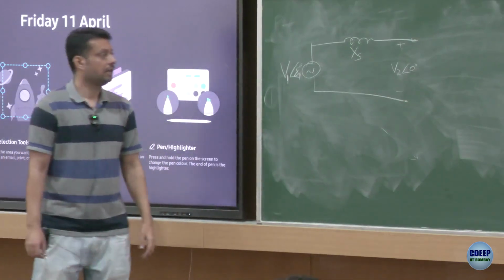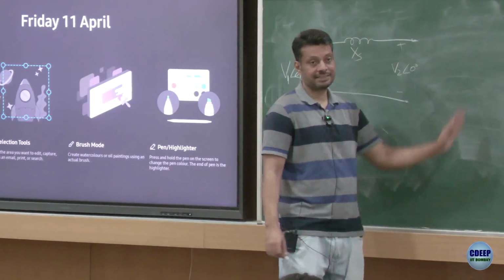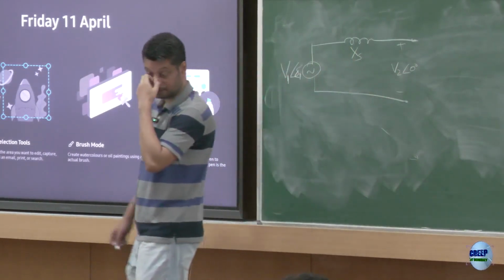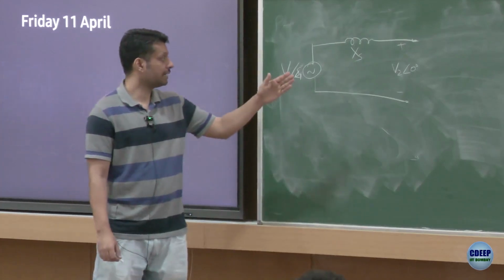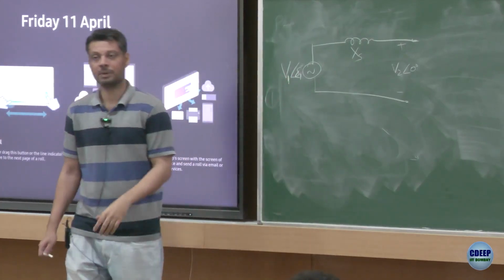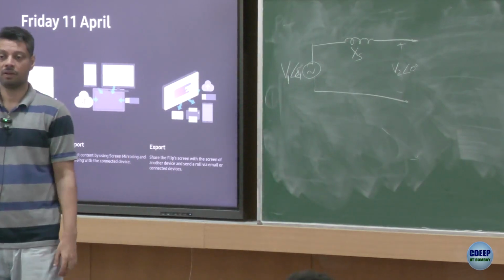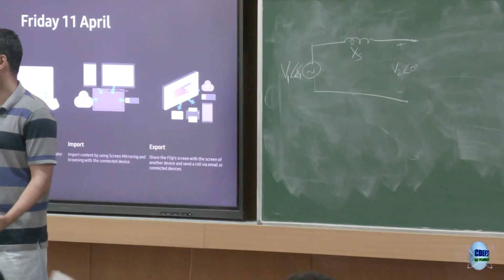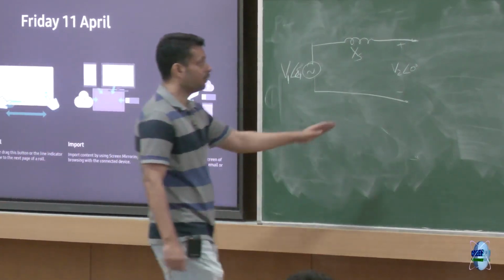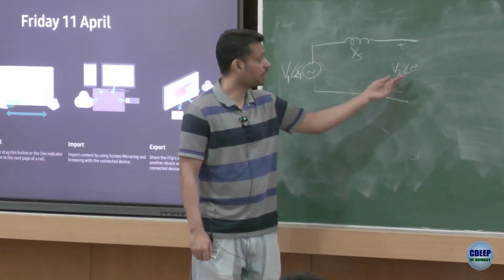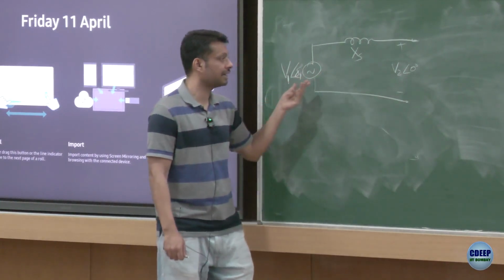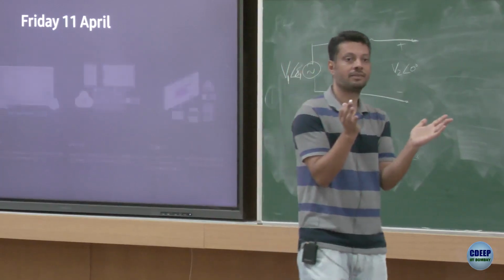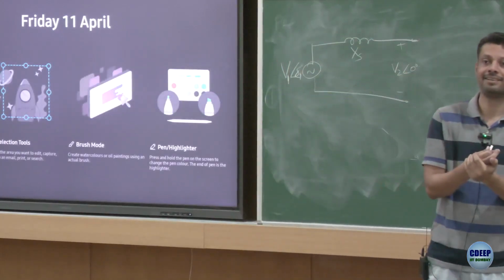If I don't connect anything on this side, there is no load connected here, what will be V2 angle 0 relative to V1 angle delta 1? If I draw the phasors, how would they look? They will be equal, right?